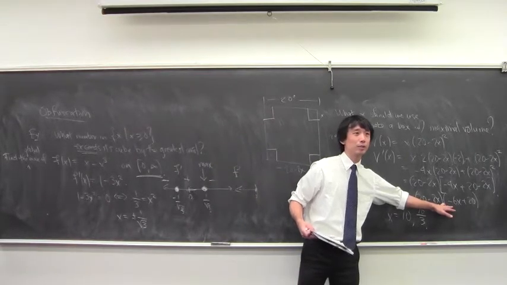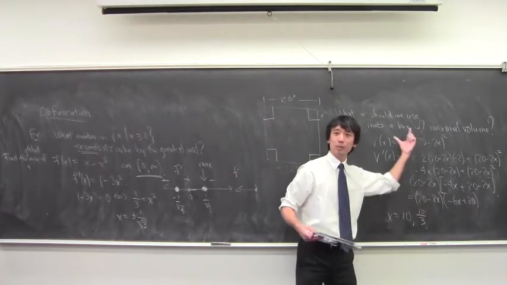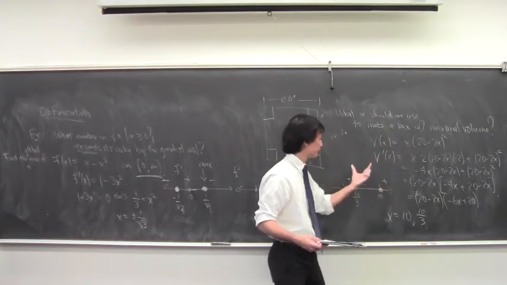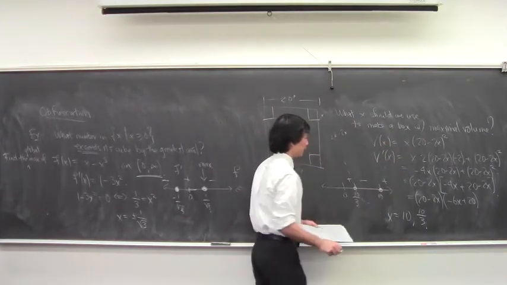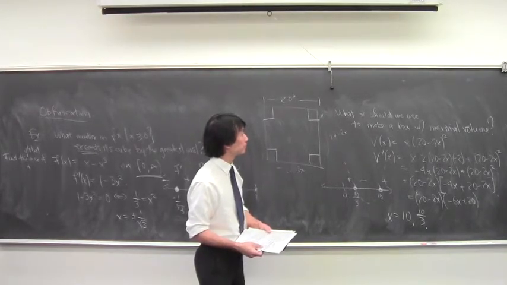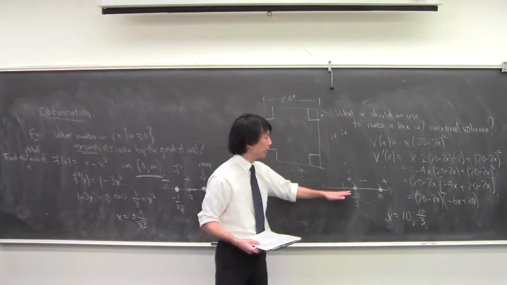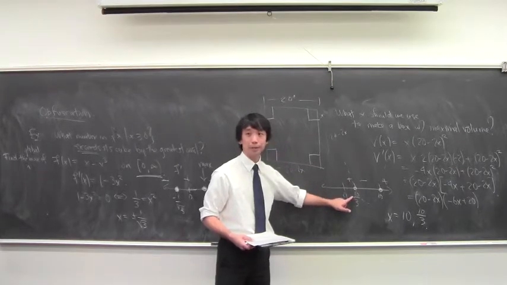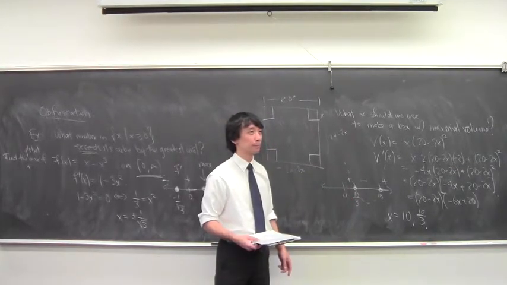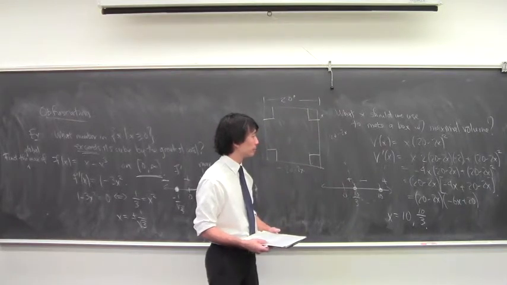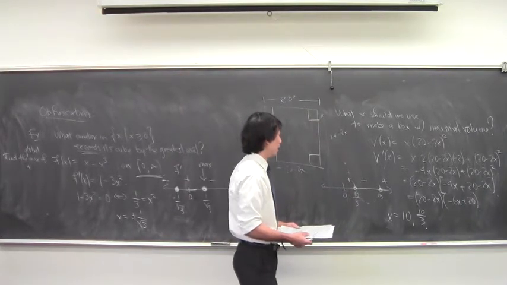The lead term is 12x squared, so it's an upwards facing parabola, right? So it's going to be like this. And that tells us that that 10/3 is it. Yeah, Nora. So that means that it's positive beyond 0 too, right?